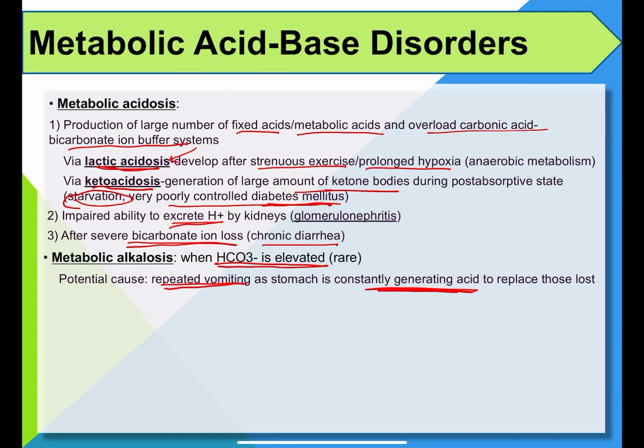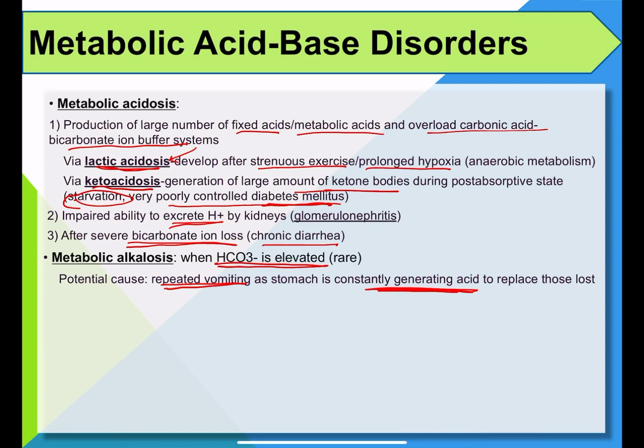So then you end up with extra bicarbonate ions when you're always generating those hydrogen ions. Hydrogen ions and bicarbonate ions always go hand in hand in exchange. If you're expelling a lot of hydrogen ions, you're going to reabsorb bicarbonate ion. If you are expelling a lot of bicarbonate ions, then you're going to reabsorb a lot of hydrogen ions.